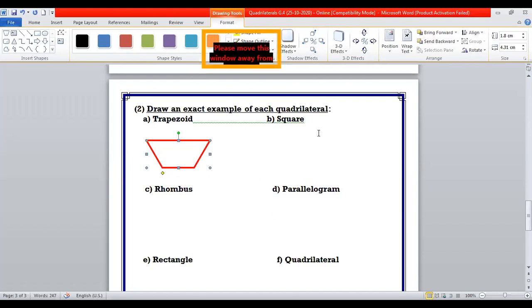Should we draw the trapezoid ourselves? Yes, you draw it. Is it right, Mister? I can see it, yes, Joanna. Open your cam.